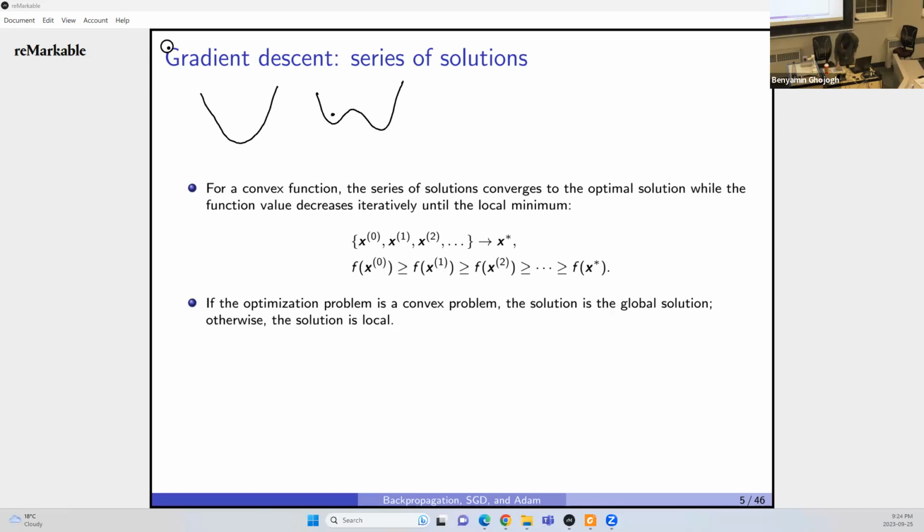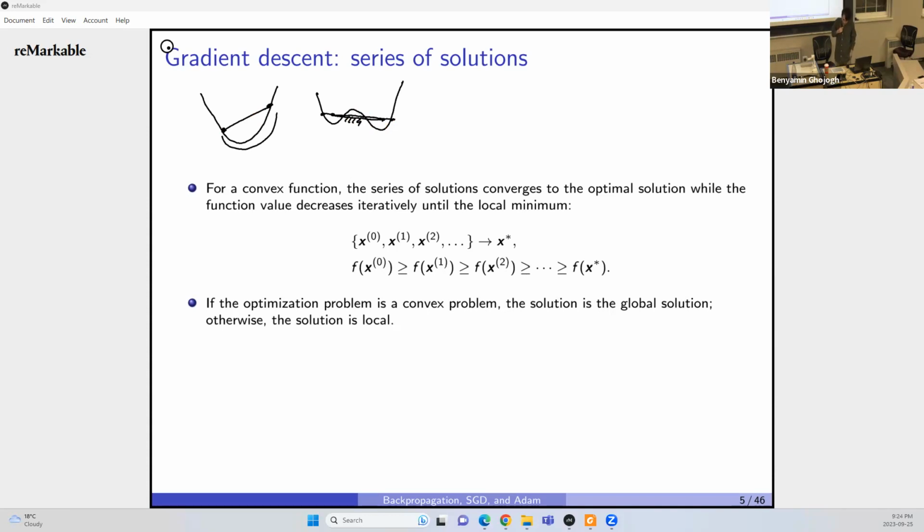Basically, whenever I connect two points and part of the function is below the line, and some part is above, then this is a non-convex function. For a convex function, as you see, when I connect every two points, all of it is above. Whenever I have a convex function and I want to optimize that, I'm very happy, because you should be very lucky to have a convex function to optimize.